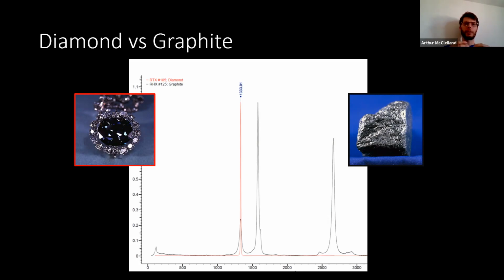It's also quite sensitive to strain. If you have a material that's strained, that will shift how fast it can vibrate. You can think of it back on our balls on springs model. If you have the spring pre-stretched or pre-compressed and then try to have it vibrate freely, it's going to do that at a different frequency.